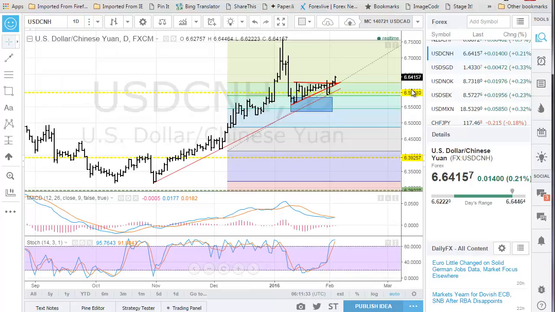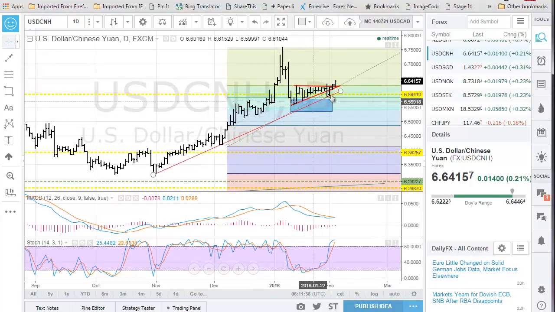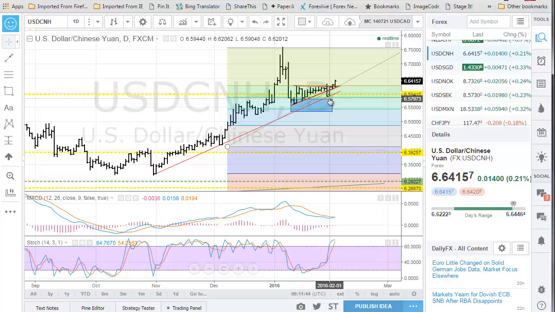So this is USD CNH. And we'll remember our chart last time, we saw the rising higher lows. We actually got a break out of that triangle, and I thought that would indicate a pressure on the Bitcoin price, but it did not transpire, because this is what we call a false break.